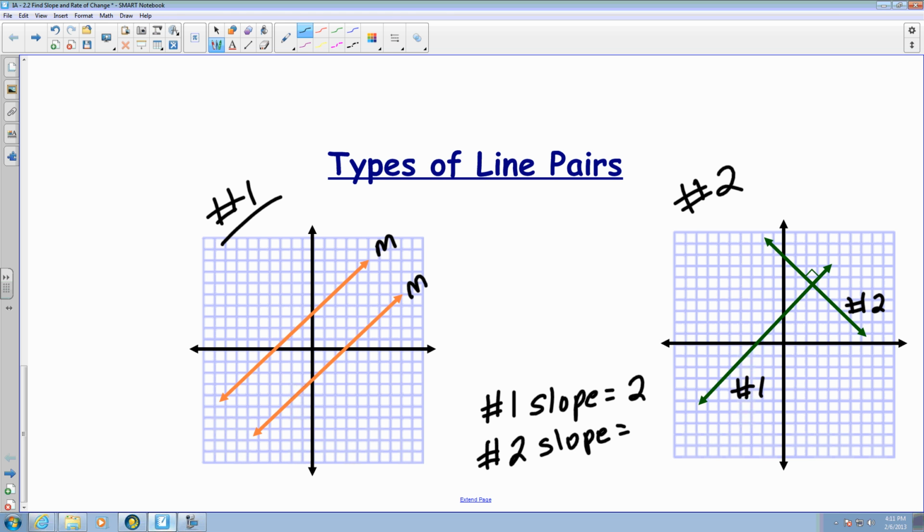So I need to flip the fraction. Let's pretend this is 2 over 1. If I flip the fraction, it would be 1/2, and then I have to change the sign. If my first value is positive, this one's going to be negative. So in more general terms, for a line to be perpendicular to m, its slope must be the negative reciprocal of m.